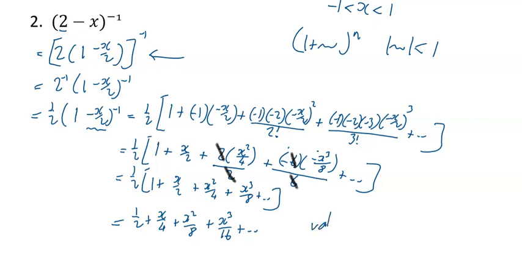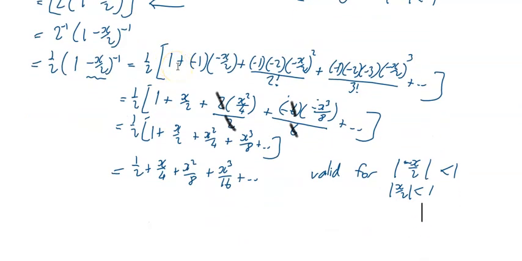So valid for modulus of minus x over 2 is less than 1. And then that's just the same as modulus of x over 2 is less than 1, and that's not very pretty, so that becomes multiply across by that 2, and you're going to have modulus of x is less than 2, and that's it.